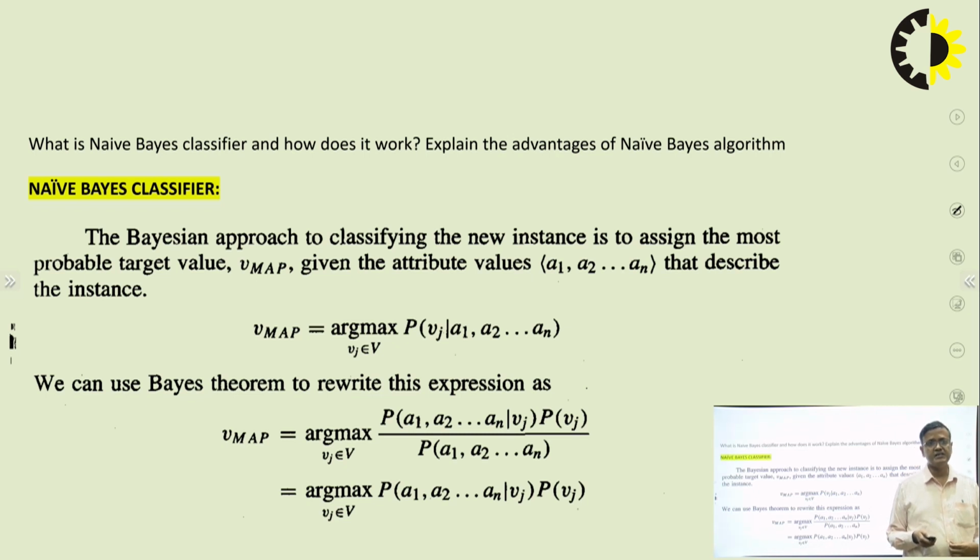So when a1, a2 and an are conditionally independent, the subterm, the probability of the attributes given Vj, becomes a product over each and every attribute given the Vj value.